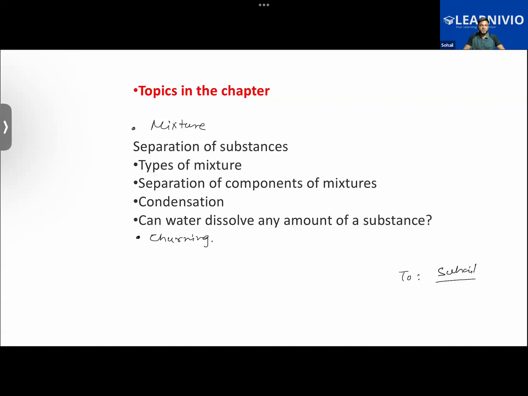Or for example, air is also a mixture because air is a mixture of oxygen, carbon dioxide, nitrogen. You have gases like sulfur dioxide, neon, carbon dioxide, carbon monoxide. All these are present in the air.